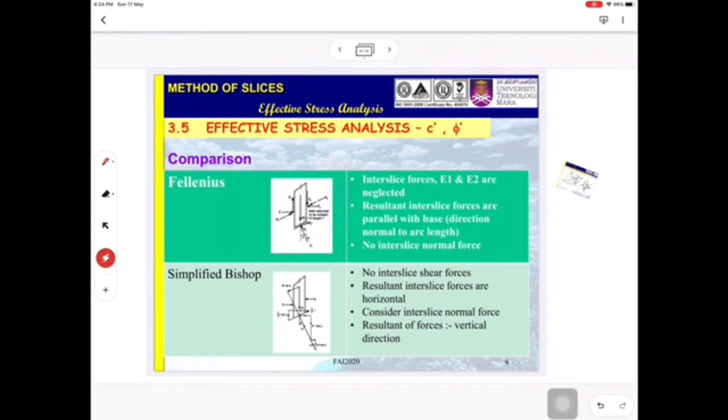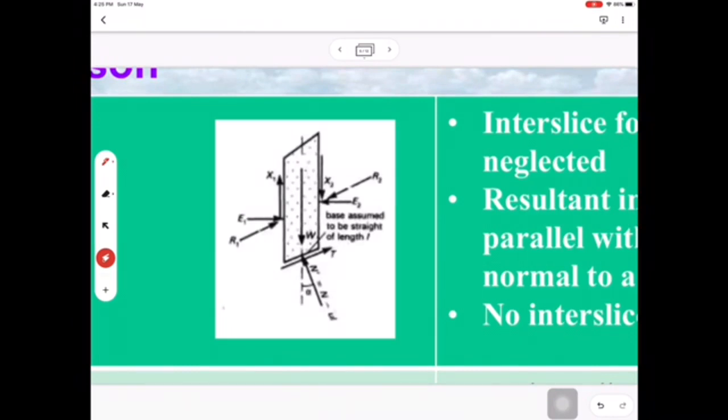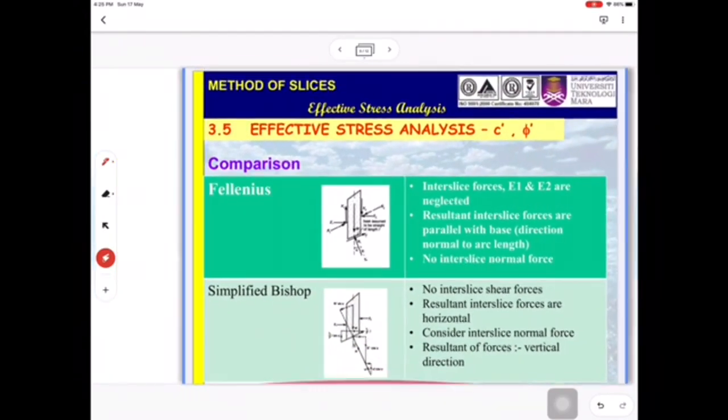Okay, what you can see is the difference here, the comparison between Fellenius and simplified Bishop. So we have interslice forces. Can you see E1 and E2, so that is interslice forces.